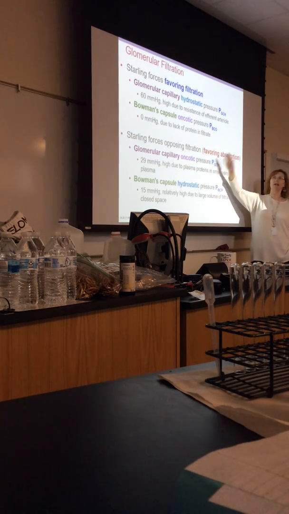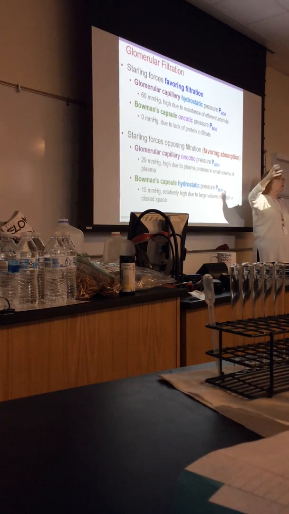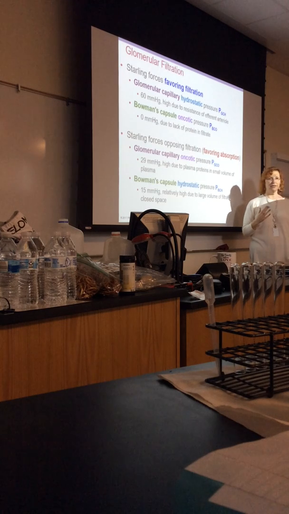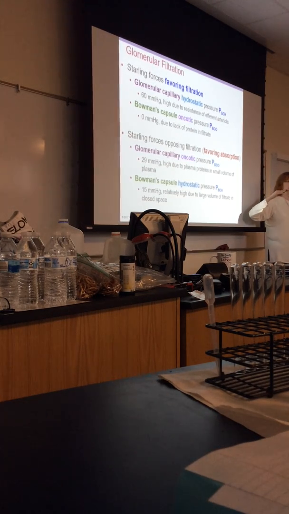Glomerular capillary oncotic pressure is based on the proteins that are in the blood trying to pull water into the capillaries. All right, same exact concept that we looked at before.